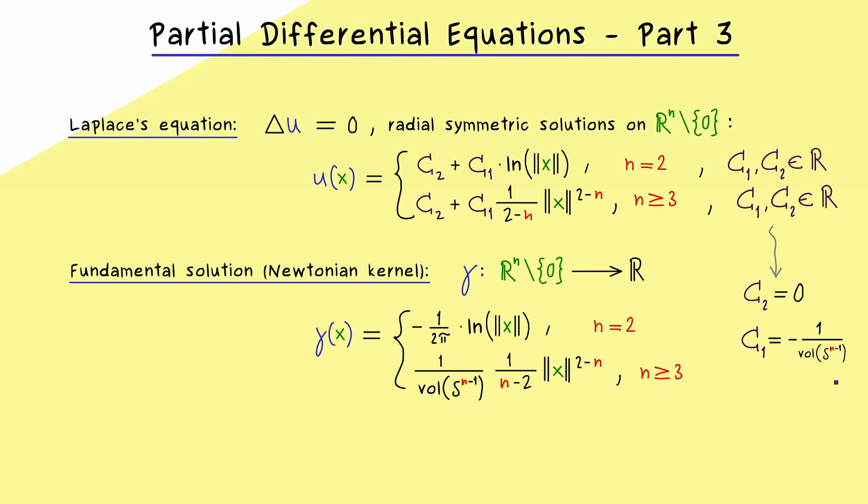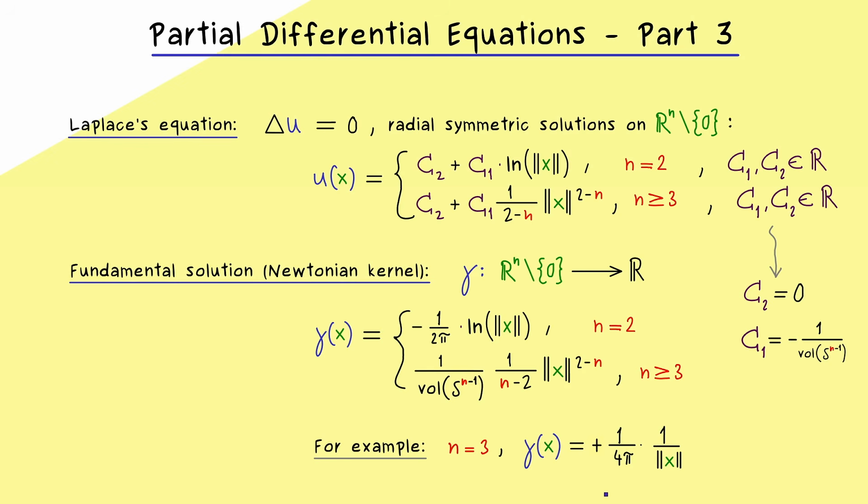So please note here that the unit circle S1 has a circumference of 2 pi. And moreover, we also know that the area of the two-dimensional sphere S2 is given by 4 pi. Therefore, in the important three-dimensional case, we have 1 over 4 pi with a plus sign times 1 over the norm of x.